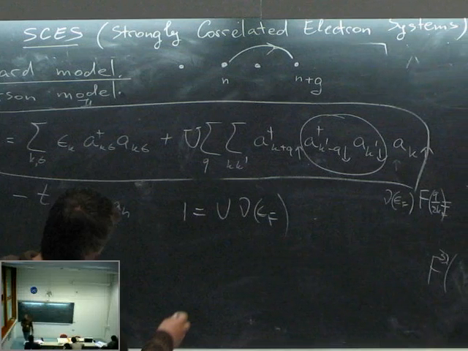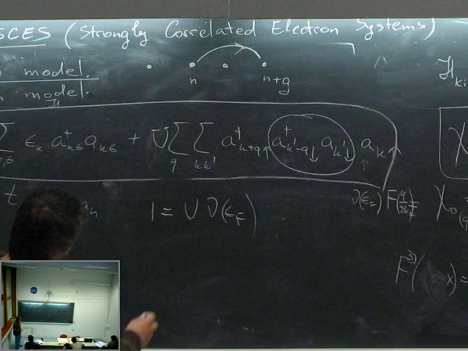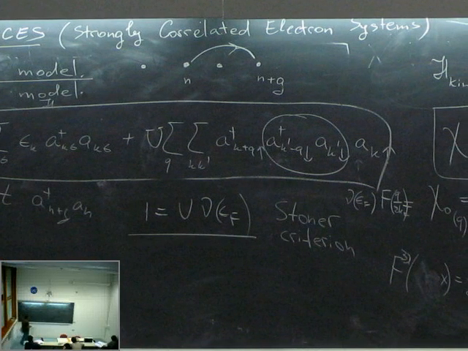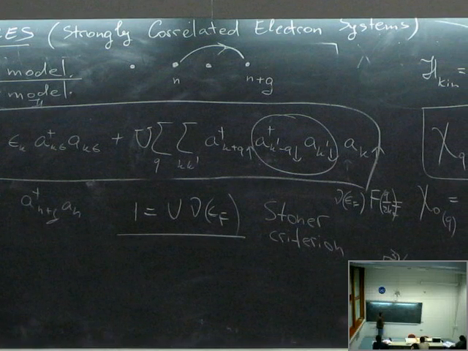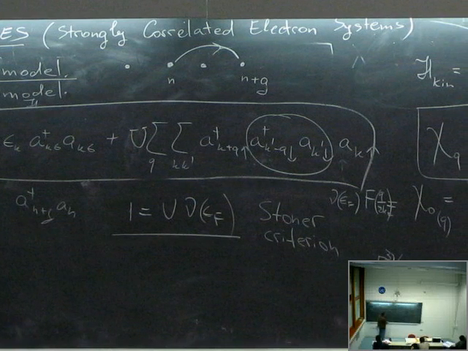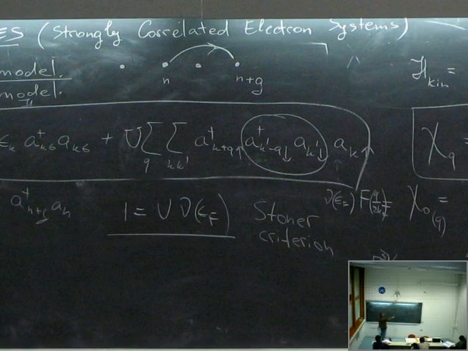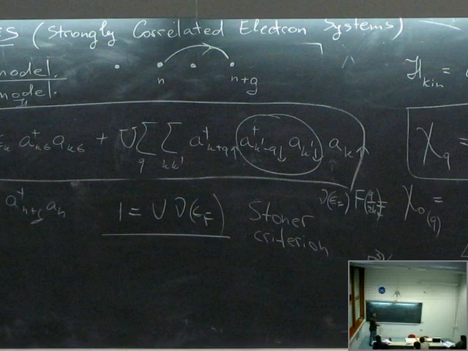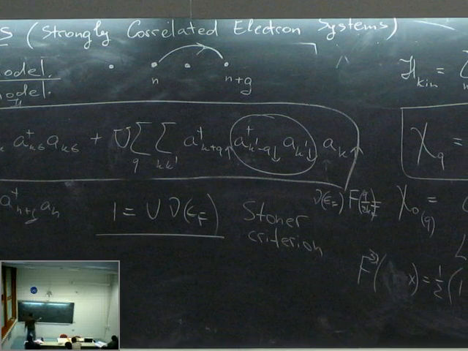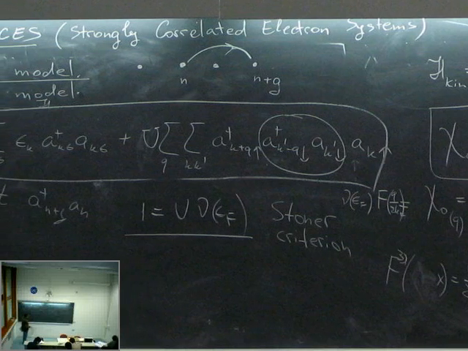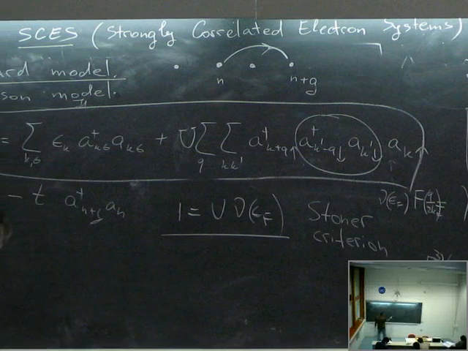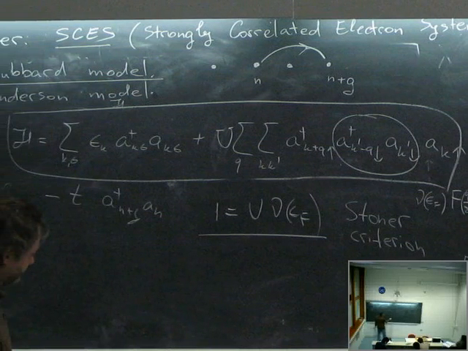And the magnetism is Stoner magnetism, which tells us that the instability occurs when the loss in kinetic energy becomes comparable with the gain in potential energy. So kinetic energy, the density of states is at the Fermi energy.